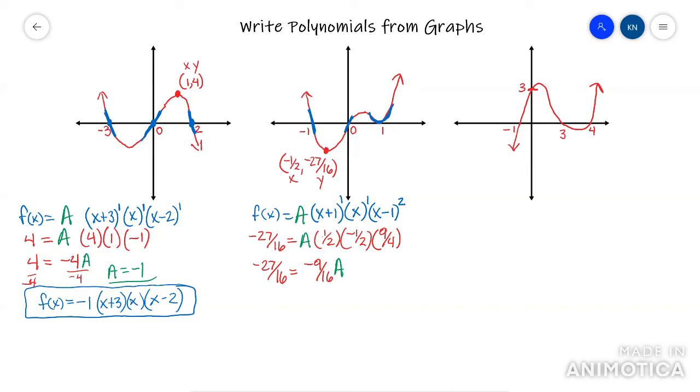You'll have to divide by -9/16, which if you know anything about reciprocals, I'm just going to multiply by the reciprocal of this, which is -16/9 on both sides.